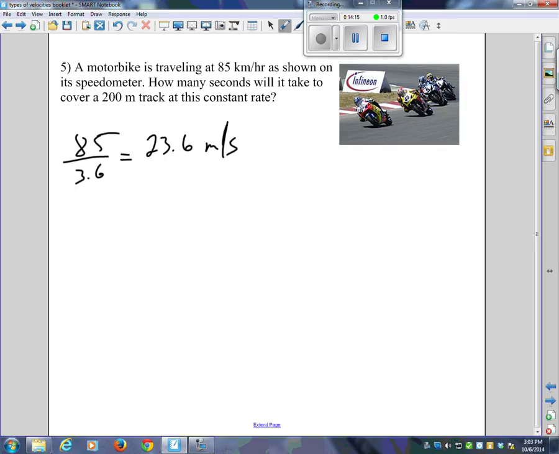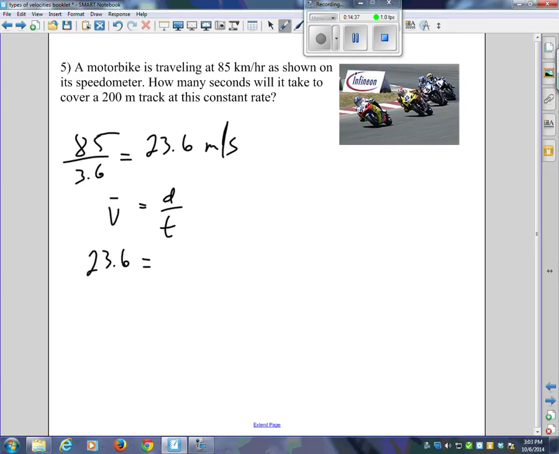And now what? Step 2 is put your phone away, and then step 3 is write the formula. V bar is, write it right underneath the velocity, write the number that is the velocity, 23.6.